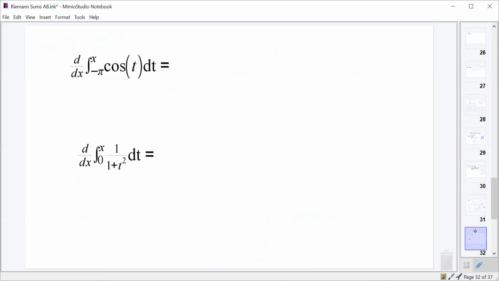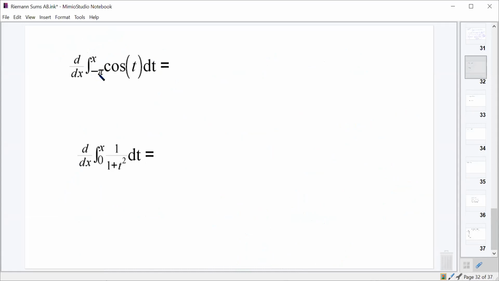So, generally, on the AP test, they will give you a couple of questions that ask you to deal with the fundamental theorem of calculus. So they will ask you something like, what is the derivative of the integral from this constant to x of some function?